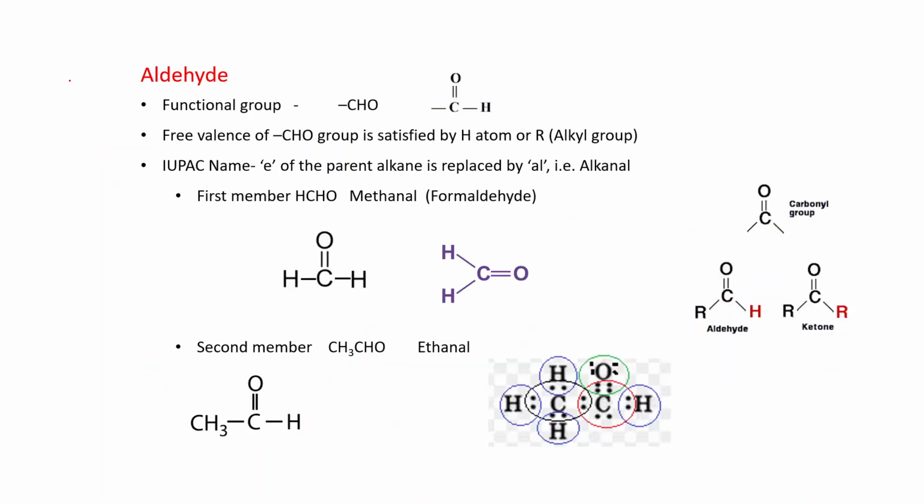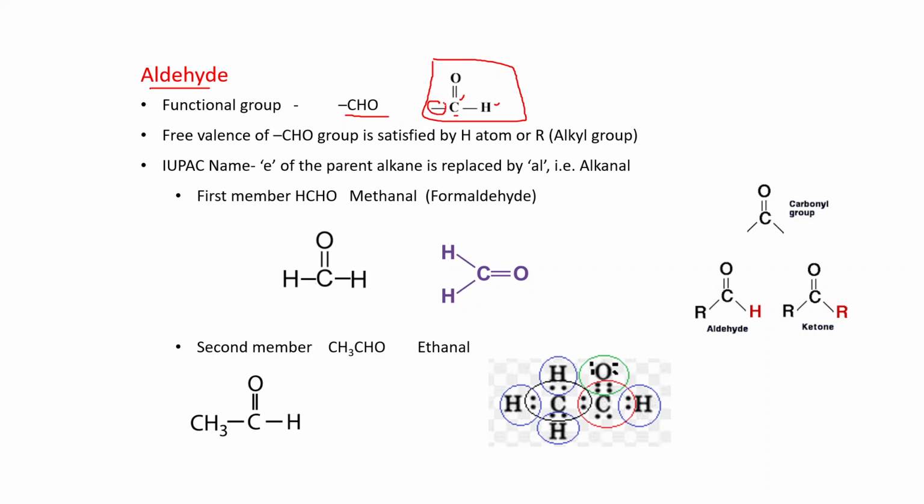Now next is aldehyde. The functional group is CHO, but remember, H is not directly bonded to the oxygen. Actually, bonding in CHO is like this: oxygen is double bonded with this carbon, and hydrogen is also bonded with this carbon. This dash represents that one valency is free.